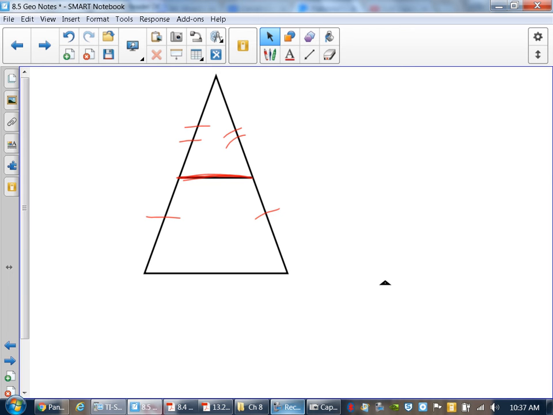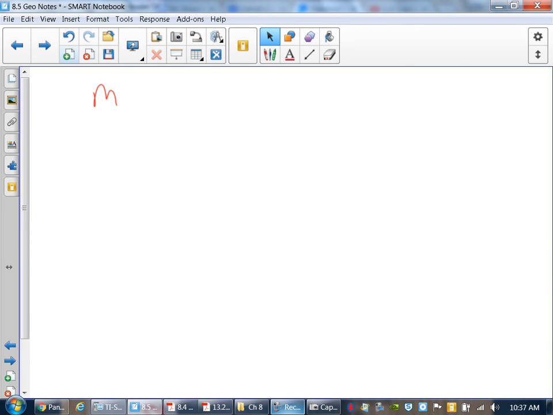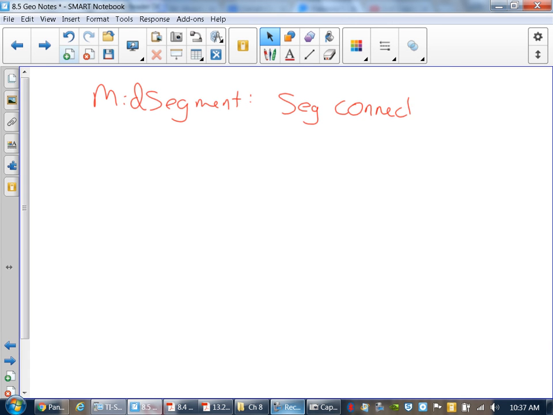You guys remember when we did mid segment? Mid segment was when it connected the midpoints. I'm reminding you, there's a thing called a mid segment. A mid segment is a segment that connects midpoints.